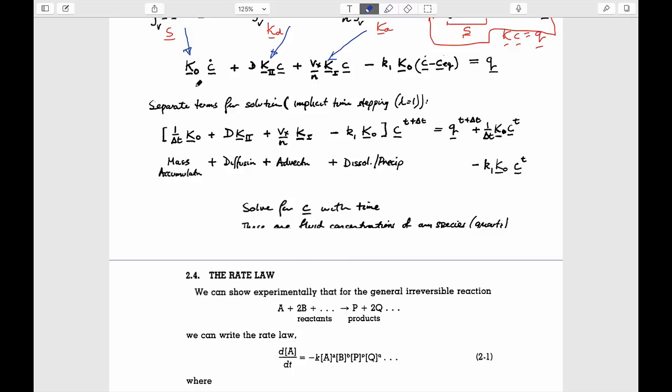The easiest way to do that is, you remember that C dot is equal to 1 over delta t multiplied by the concentration at time t plus delta t minus the concentration at time t, if you remember that.